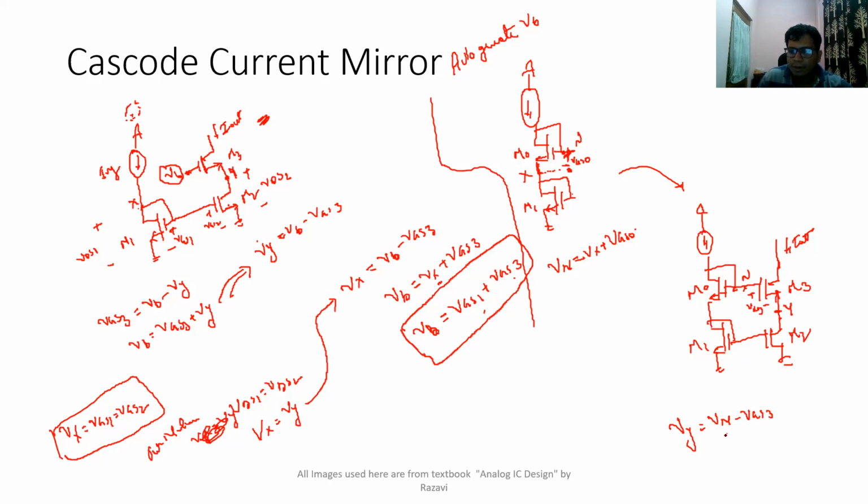Okay, what is Vn? We know from this equation Vn is there. So if I bring that and substitute here, your Vy will be Vx plus VGS0 minus VGS3.